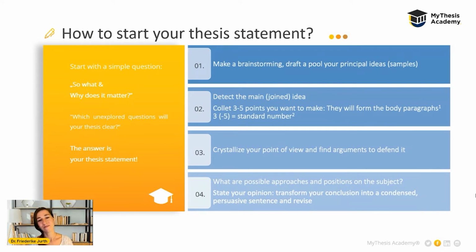Then continue by crystallizing your point of view and find some arguments to defend it. And last but not least, state your opinion. Try to find out what is the best way to state your opinion and transform your conclusion of this opinion into a condensed sentence. You can also revise, so it's not necessary that the first draft is the last one.